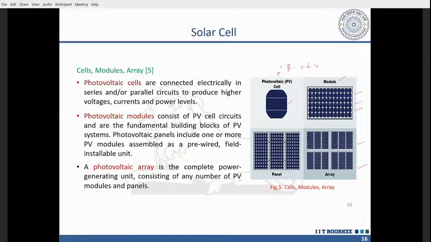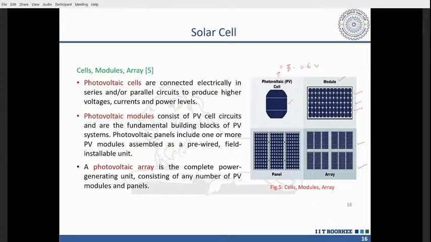When you have a single cell, that single cell itself has the capacity of generating how much power? 0.3 to 0.6 volt. You can note it down. A single photovoltaic cell: I think all of you understand what photo and voltaic mean.